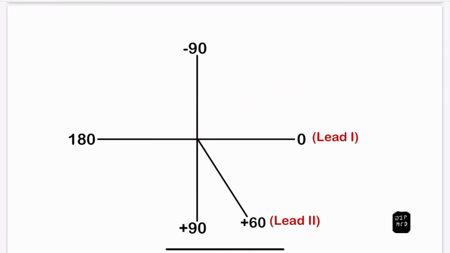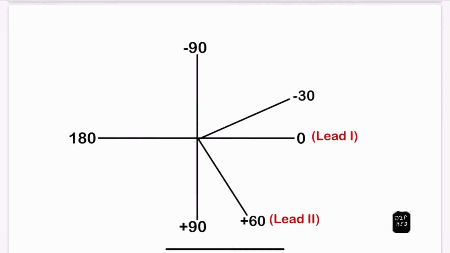If I were to draw a perpendicular line to lead 2, it would be around here, at minus 30 degree. So to take away from here, just like in lead 1, if the QRS axis goes beyond minus 30 degree, then it would produce a negative deflection in lead 2.